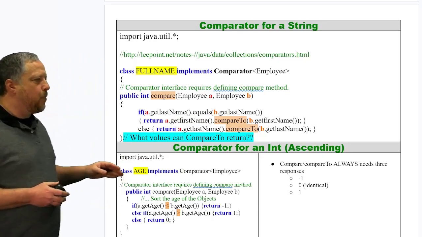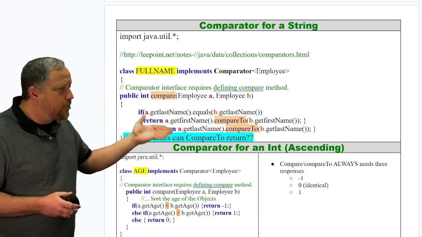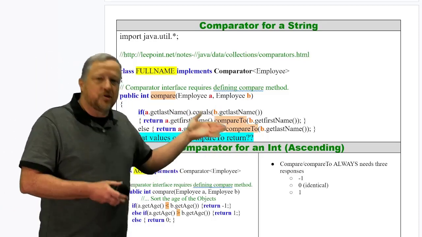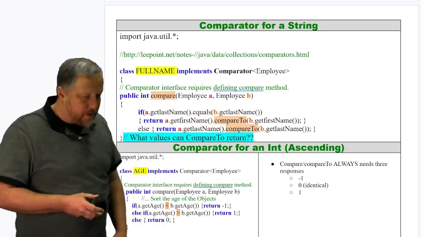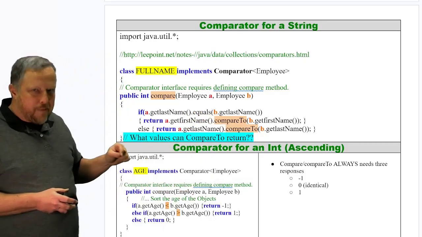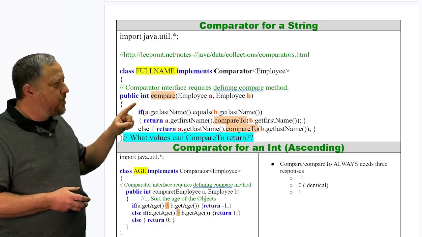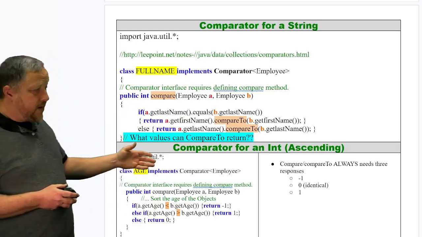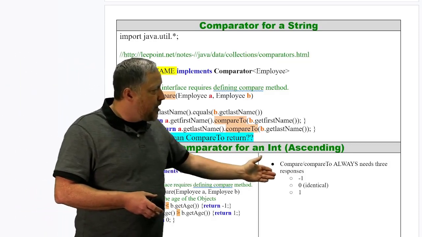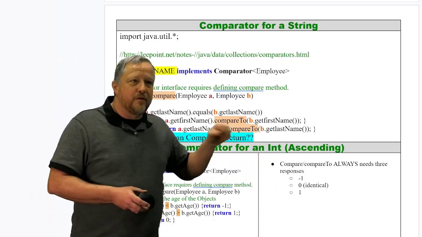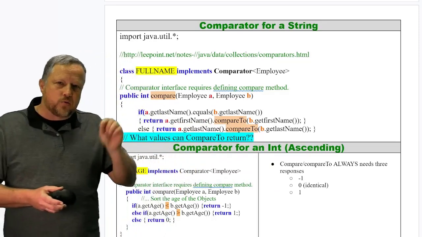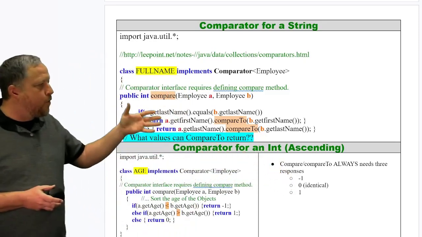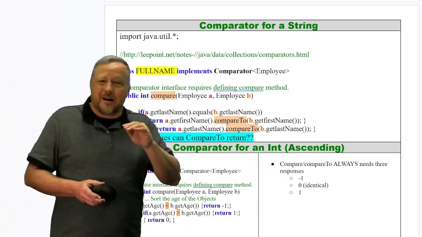Now, the interesting part about this is you know how to do a comparison when it comes to strings. We have to use Java's base string compare function called compare to. That's the base compare to just for strings. But notice this compare function actually returns an integer. The reason is, and it's very similar in many other languages, that we can have certain numbers that let us know, okay, does one go before the other? If we happen to return a 0 from this compare function, it means they're exactly the same.